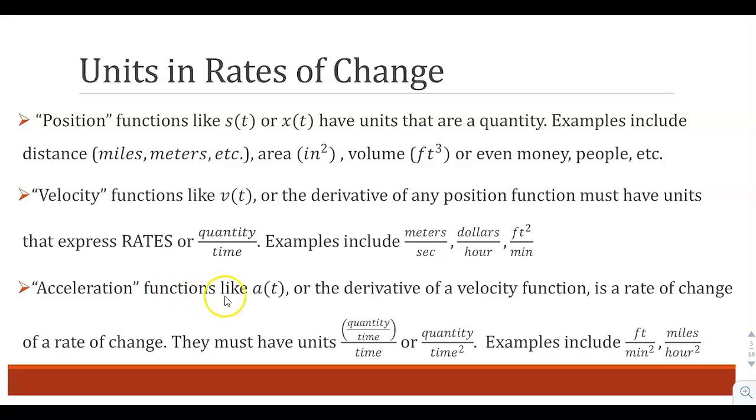And then acceleration functions like a of t, or the derivative of a velocity function, is a rate of change of a rate of change. So the units that they have is a quantity over a time, or quantity over a time squared. So examples of these acceleration units look like feet per minute squared, or miles per hour squared.